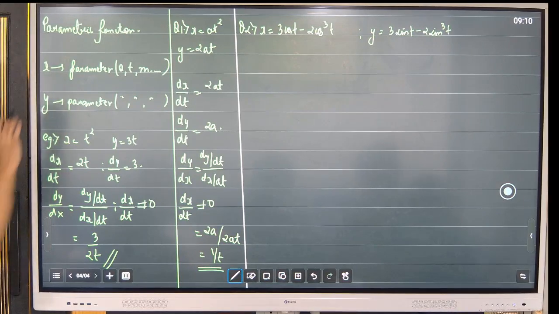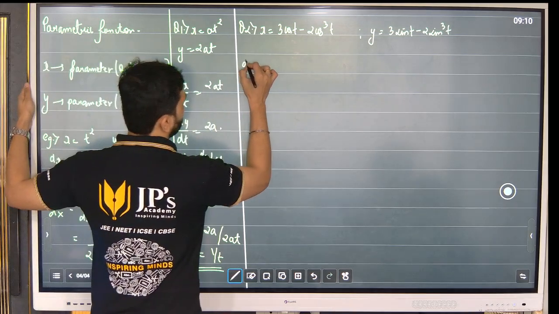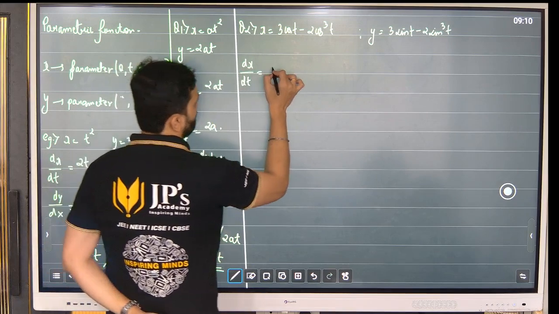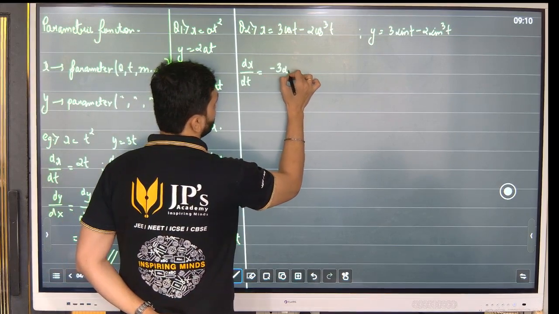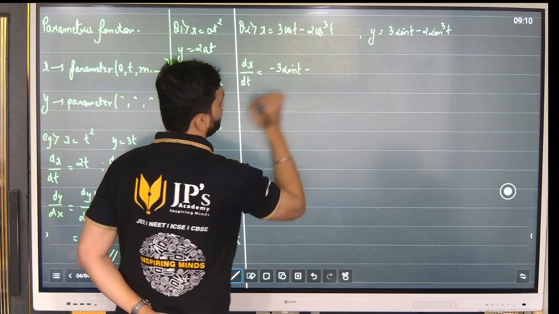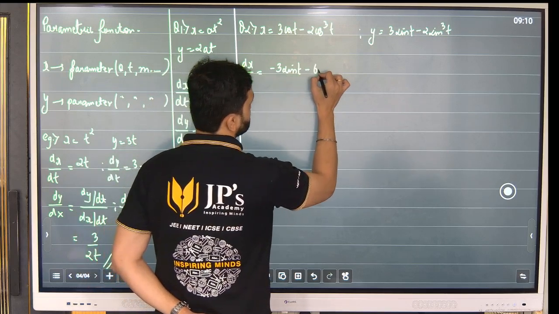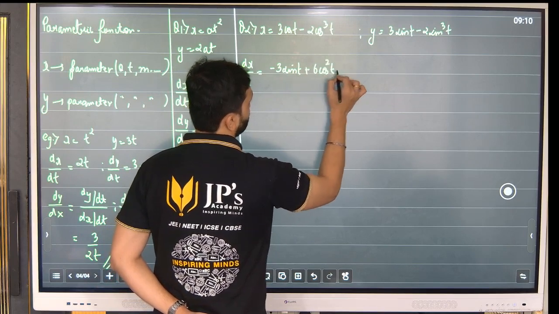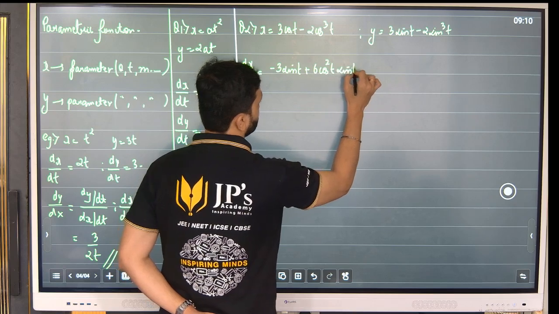What I'm going to do is I'm going to normally differentiate this. This will become dx by dt is equal to minus 3 sin t minus 6 cos square t, and this will become plus sin t.